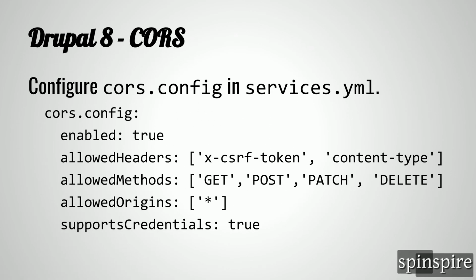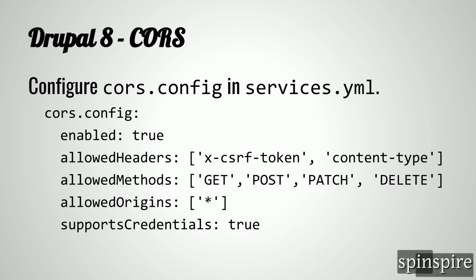All right, and then cross-origin resource sharing. We talked about what it is for and how it works, and here it shows what you need to do in your services.yaml. Just include this information: cors.config, enabled true, allowed headers. These headers are allowed, and then the methods.